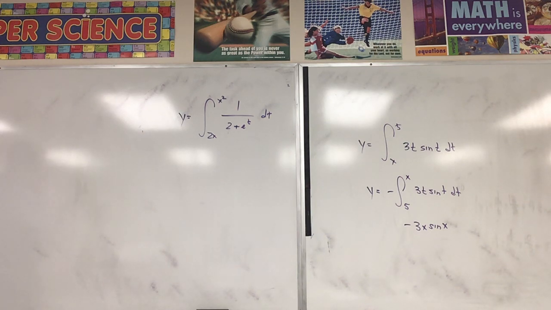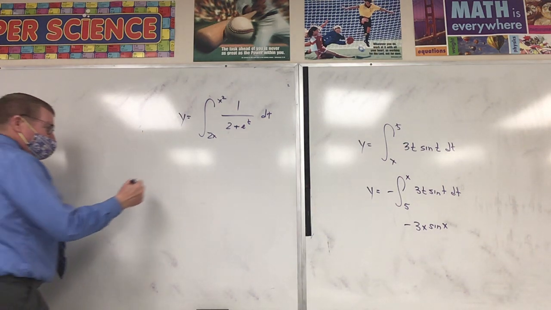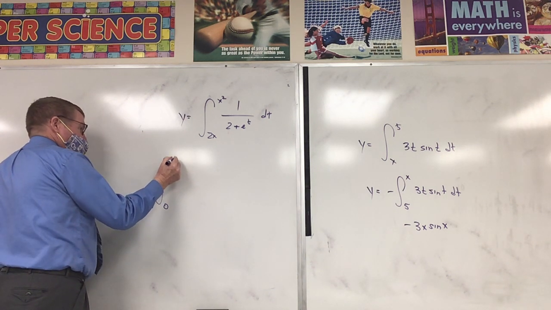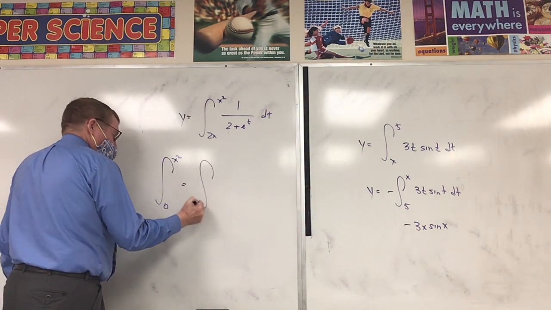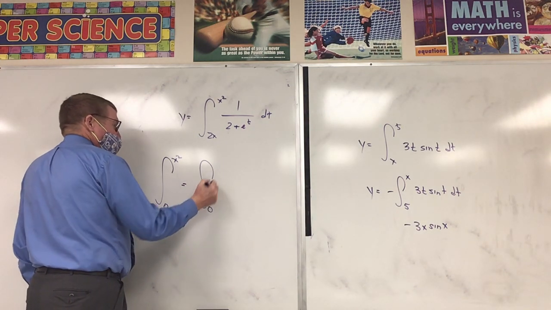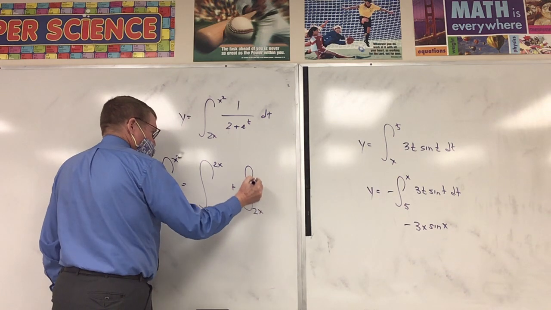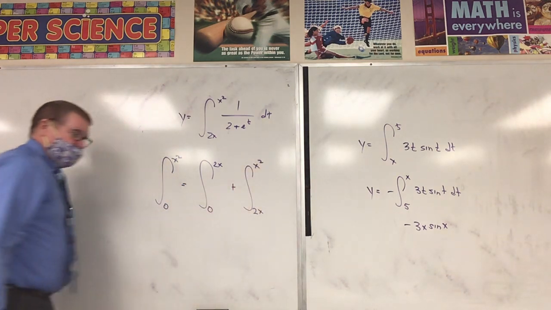So we go back to our rule that we used before, and we set up the integral from 0 to x squared, which equals the integral from 0 to 2x plus the integral from 2x to x squared.